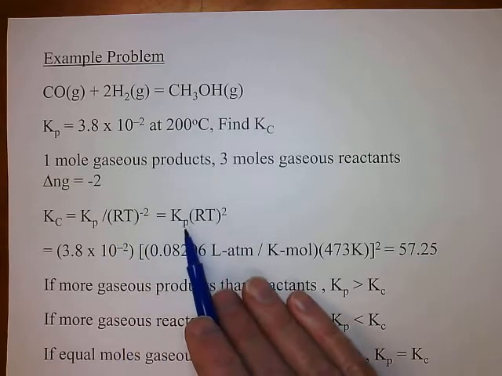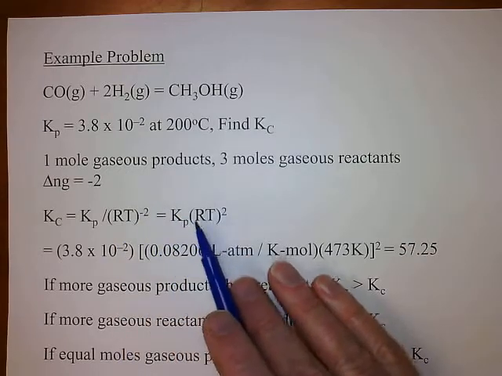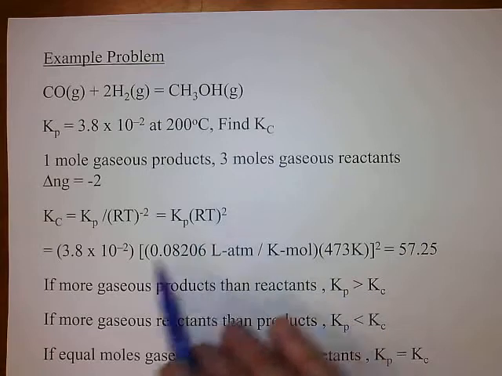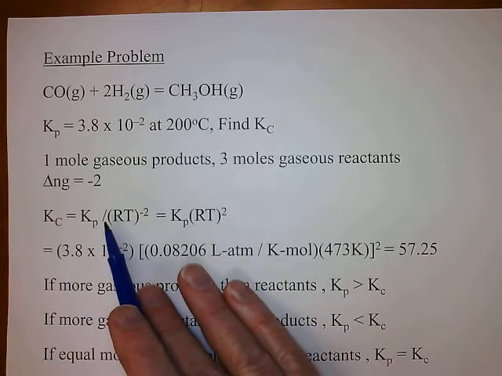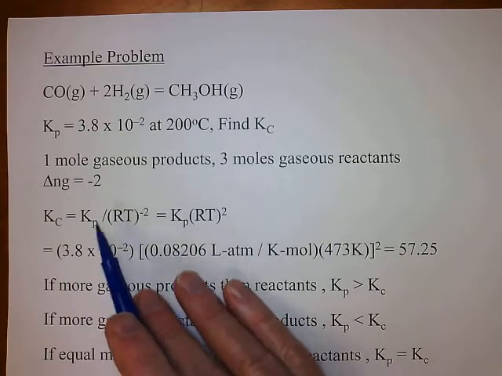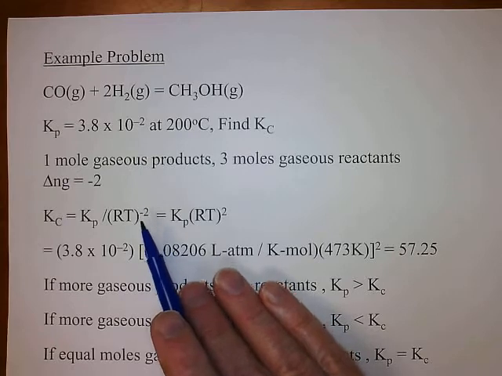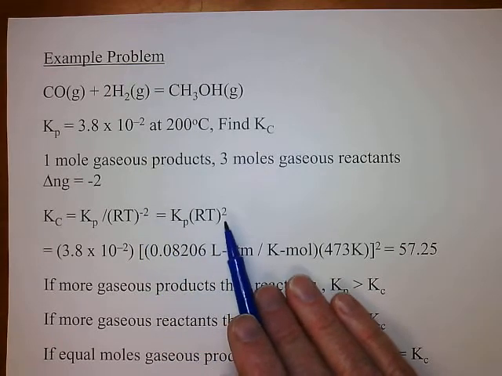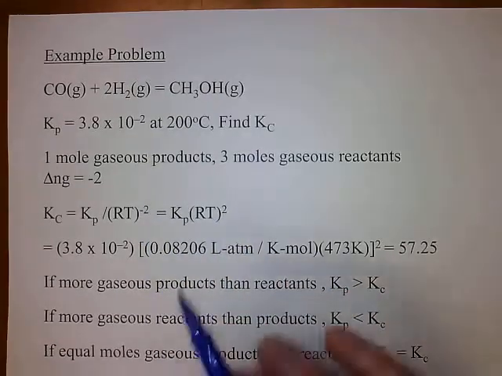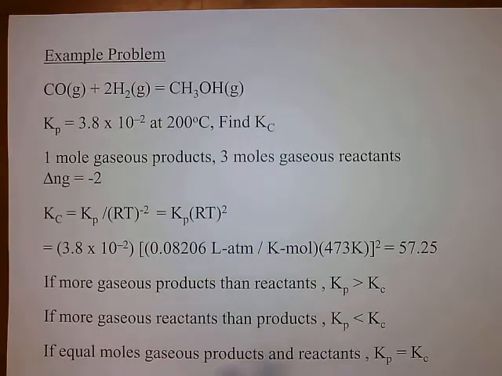And then this becomes Kp times (RT) squared, because dividing by RT to the minus 2 power is the same thing as multiplying by RT to the second power.